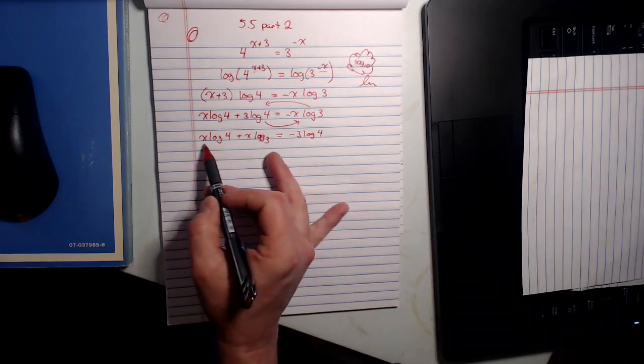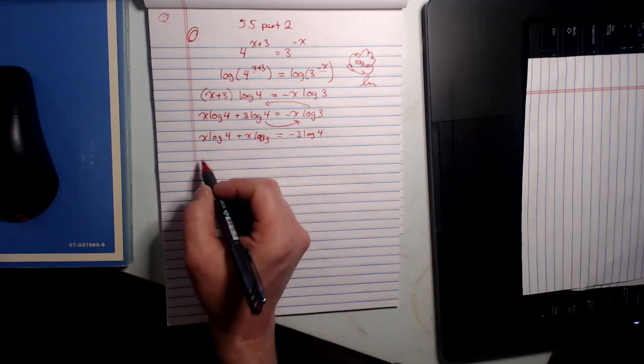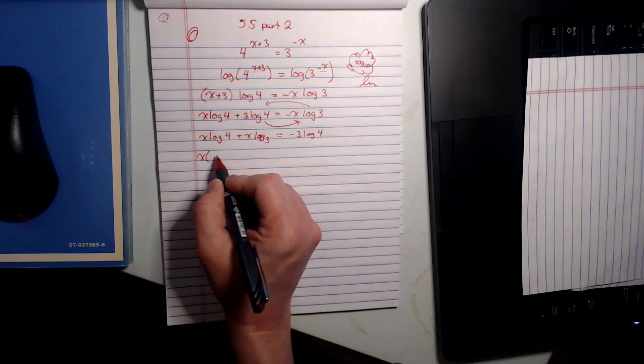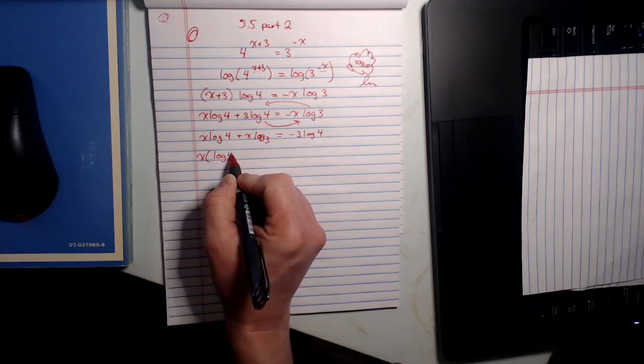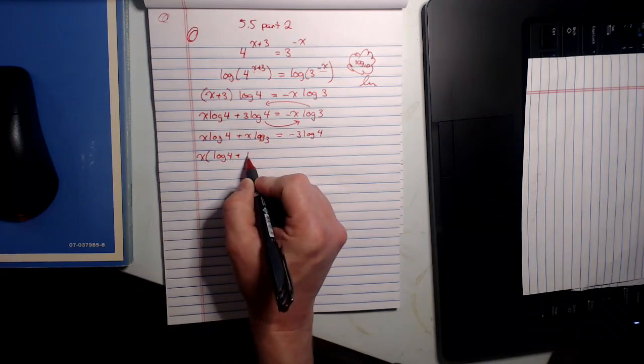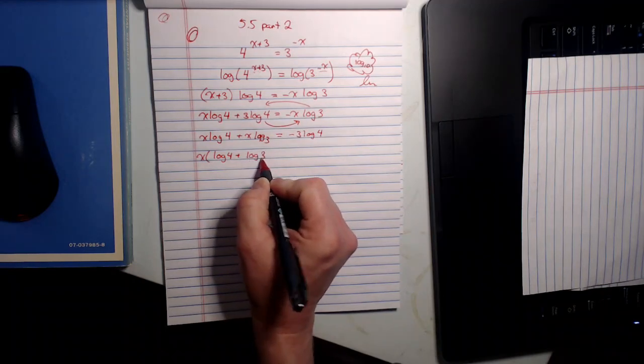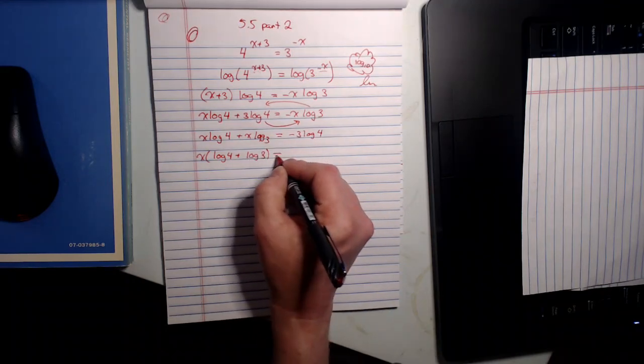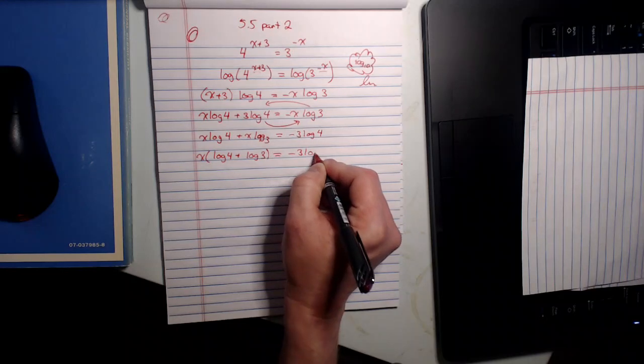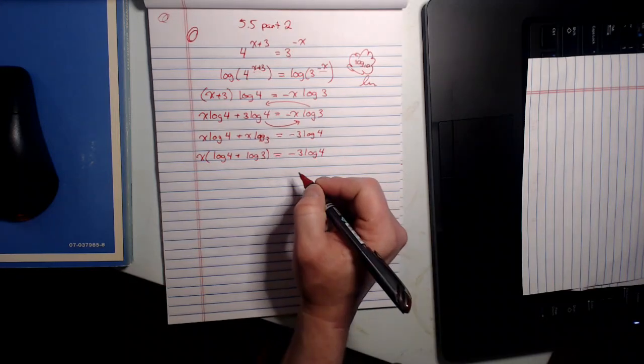Now I'm going to undistribute my x here. So I'm going to have x times the quantity log of 4 plus log of 3. And that's going to be equal to minus 3 log of 4.